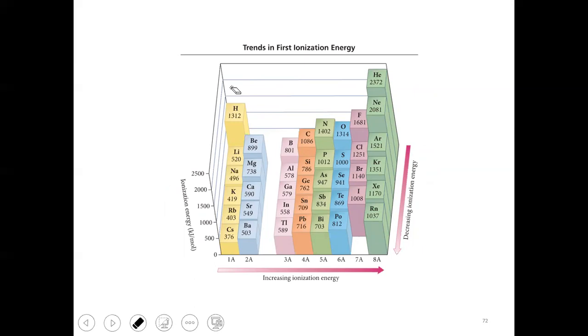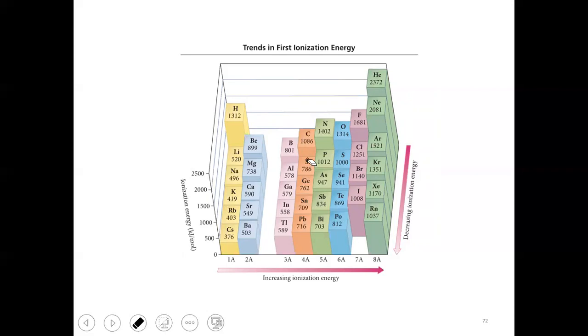In other words, it's easier and easier to remove electrons. Whereas within a given period, you have a progressive increase. In other words, it's harder and harder.